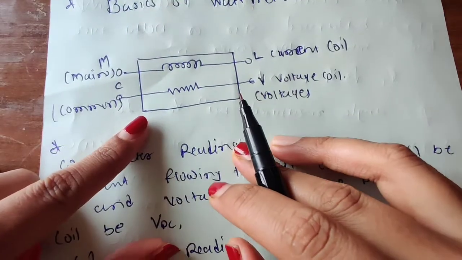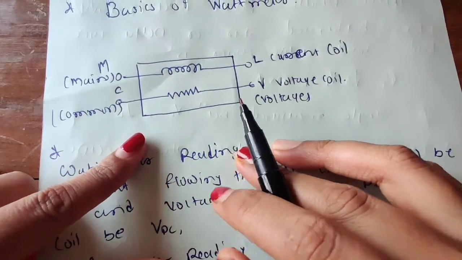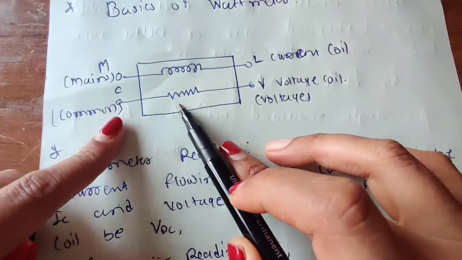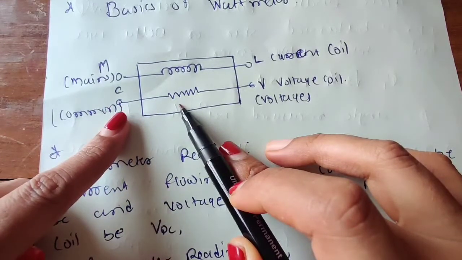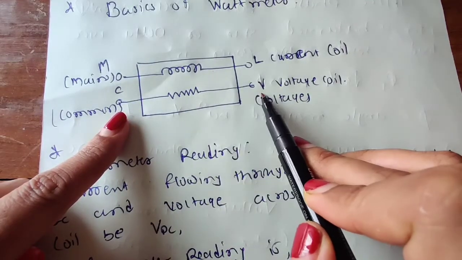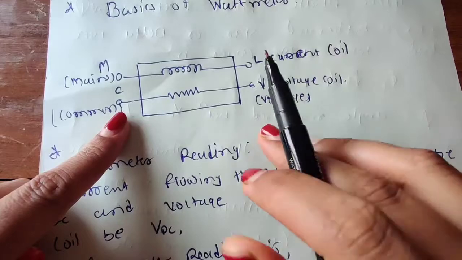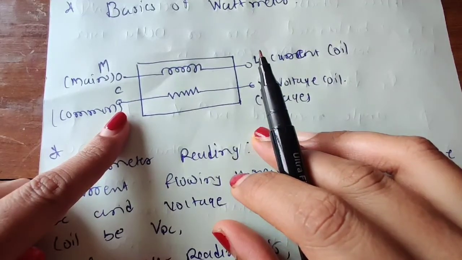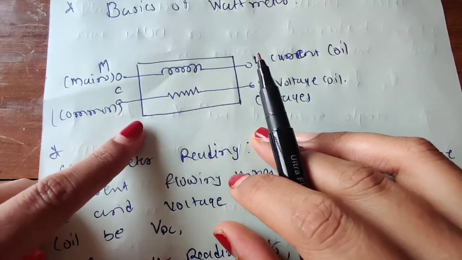Now the voltage coil, or pressure coil, is connected between terminal C, the common terminal, and the voltage terminal. It is always connected across the supply to measure the voltage.